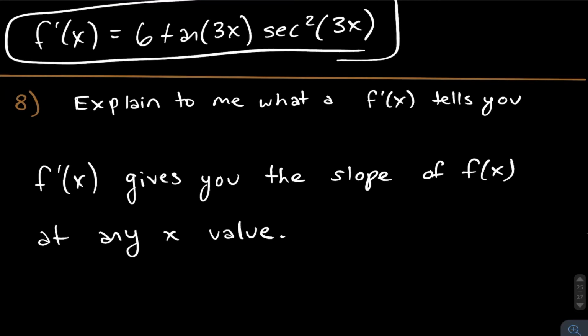Notice that this x is the same as this x. So when this x equals 3, the y prime value, the output of that function, is going to be the slope of your original curve when x equals 3.